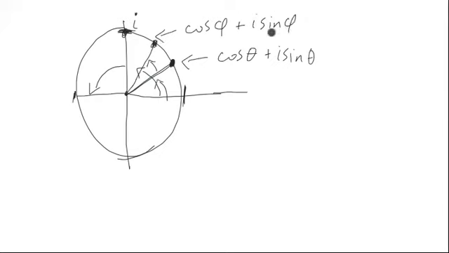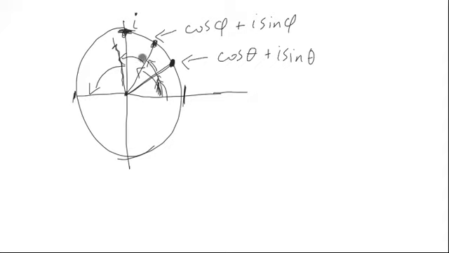For instance, let's suppose that this one right here is cosine of theta plus i sine theta. And this one right here is cosine of phi plus i times sine of phi. Now if we multiply these two together, we should get the coordinates that occur when you take this angle and this one, and shift it over here.